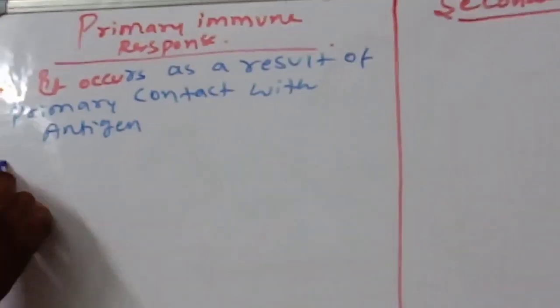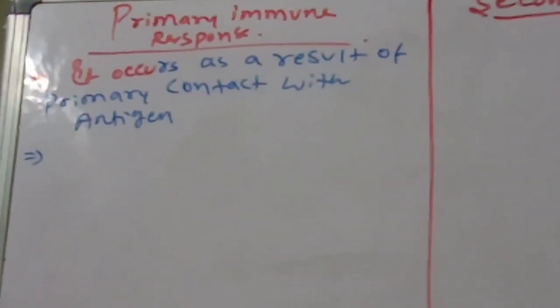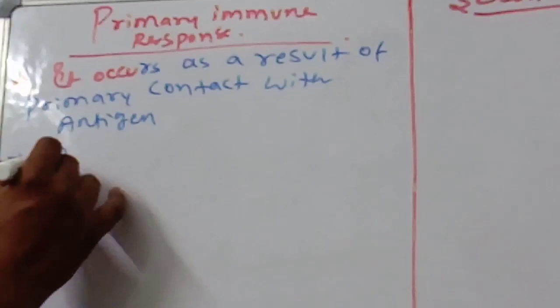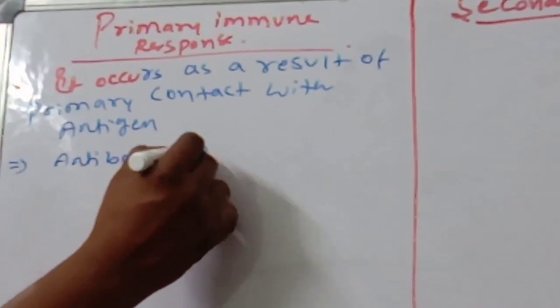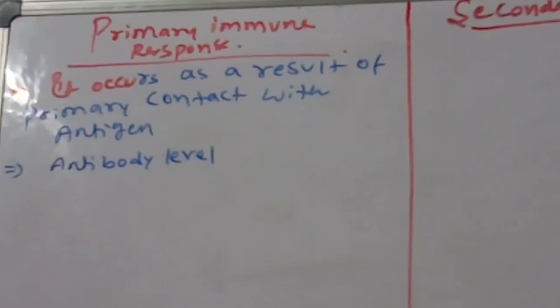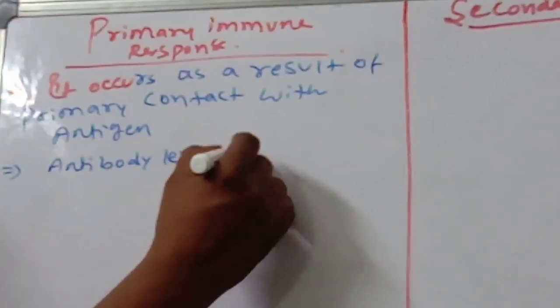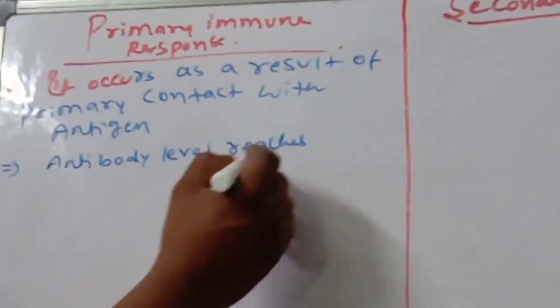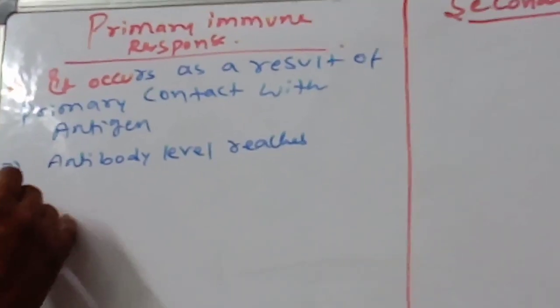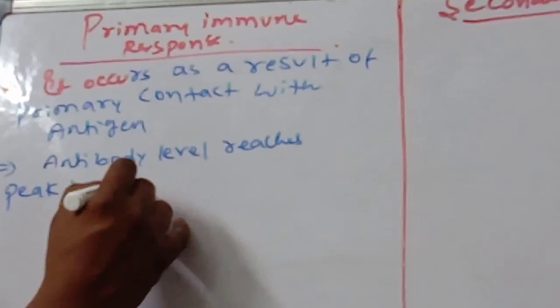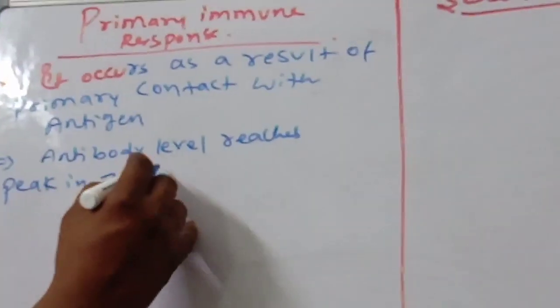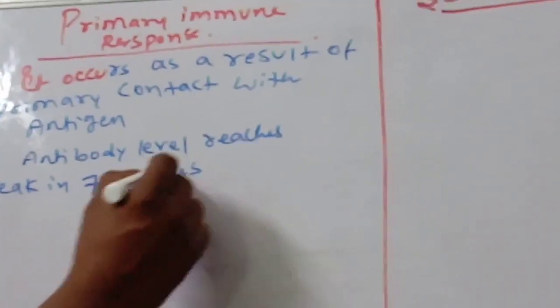Second, antibody levels reach peak in 7 to 10 days.